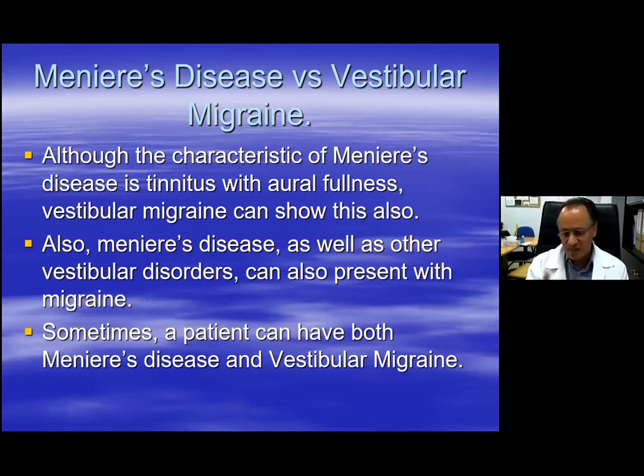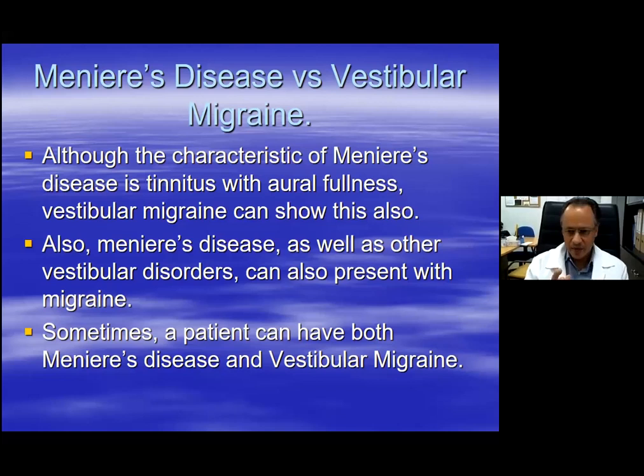And if this isn't bad enough, there are some patients that can have both Meniere's disease and vestibular migraine. And because the emphasis in management is different for either Meniere's disease or vestibular migraine, it's good from the very beginning to differentiate between these two cases and to determine which of these two diagnoses the patient has, or if indeed they have both at the same time.